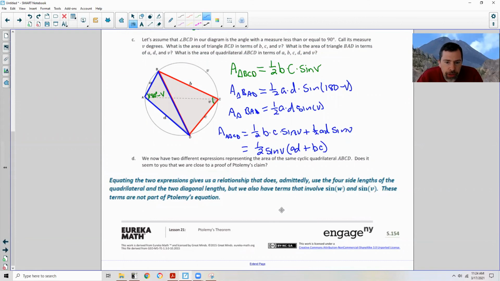Equating the two expressions gives us a relationship that does admittedly use the 4 side lengths of the quadrilateral and the 2 diagonal lengths, but we also have terms that involve sine of W and sine of V. These terms are not part of Ptolemy's equation.